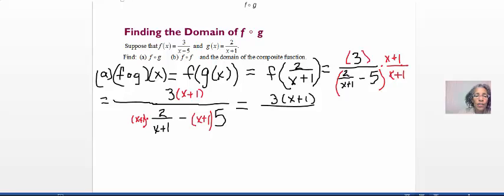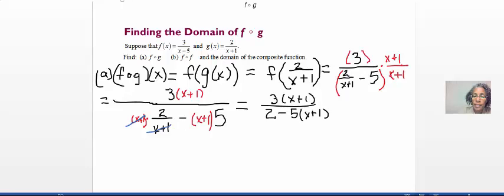And the denominator, the whole reason I was doing this was to get rid of this minor fraction in the denominator. So 2 over x plus 1 times x plus 1 is simply 2. And then here I have minus 5. I can multiply in any order, so I can put that 5 first.